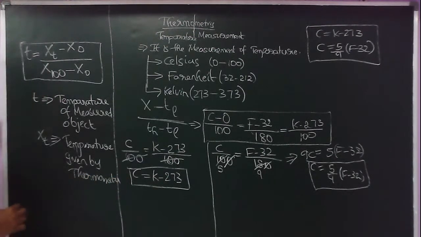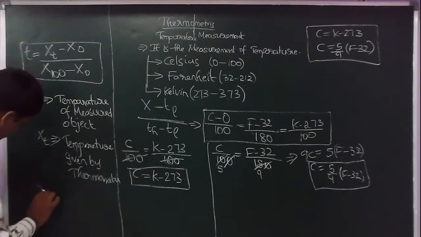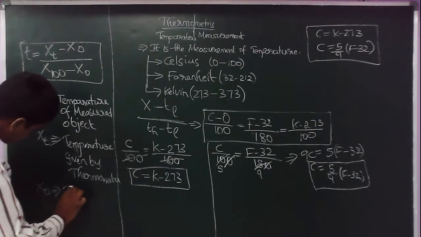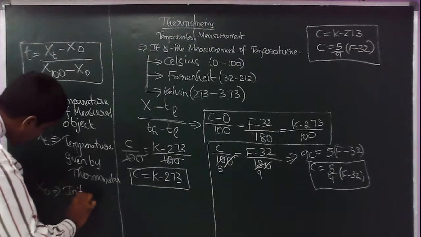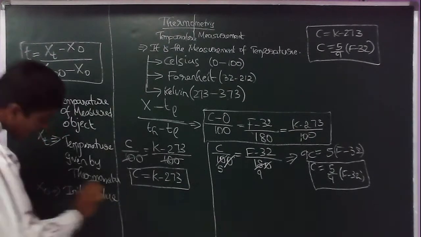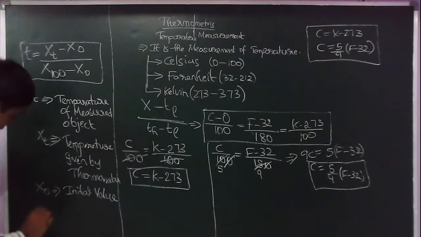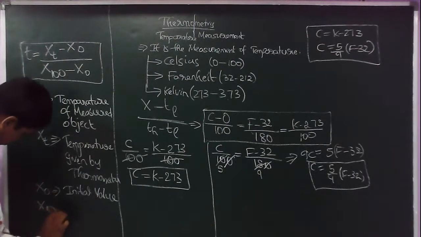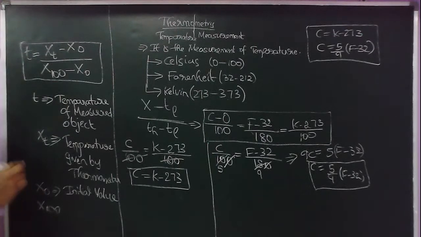Okay. Now X0 is the initial value and X100 is the final value. I think it is visible to you. Okay.